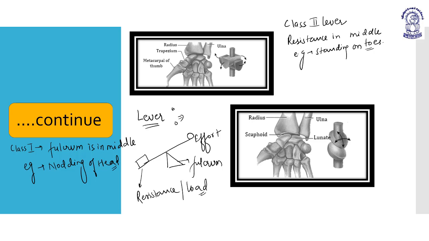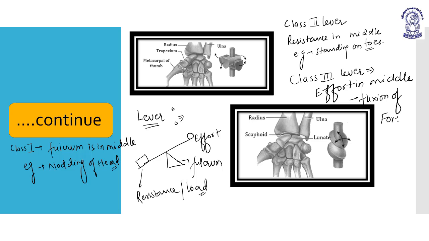In the class 2 lever, the load or resistance is in the middle. And in the class 3 lever, the effort is in the middle. Example: flexion of the forearm.